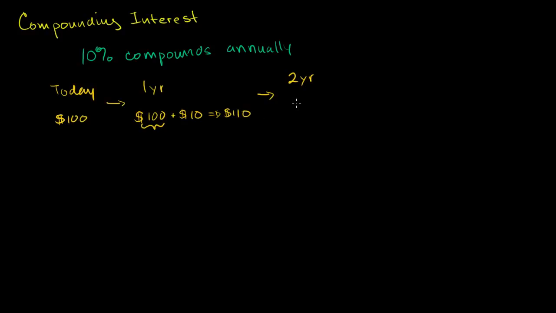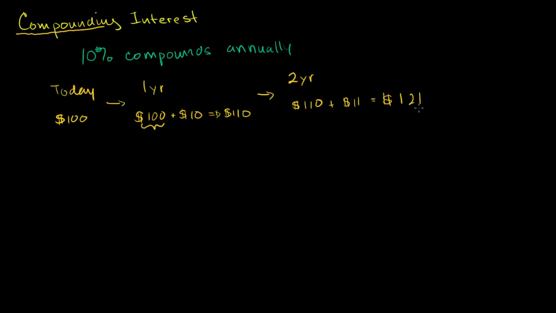So you're going to get 110, that was your deposit entering your second year, plus 10% on that, not 10% on your initial deposit. That's why we say it compounds. You get interest on the interest from previous years. So 110 plus now $11. So every year, the amount of interest we're getting, if we don't withdraw anything, goes up. So now we have $121.